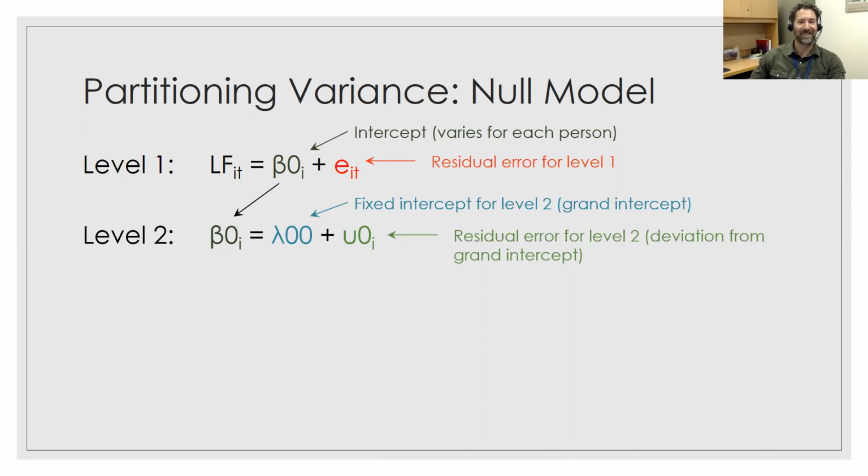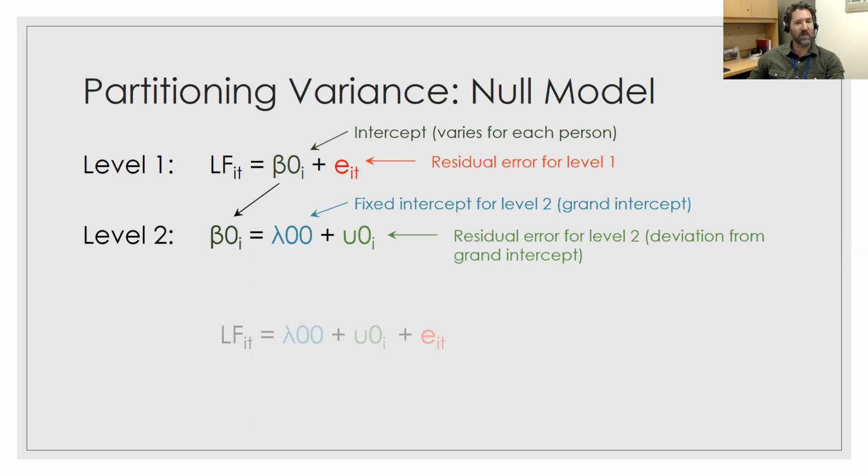I know that gets a little more complicated, so stop me if anyone has any questions about those two pieces of this equation. Level 1 is at the level of low frequency readings. Level 2 is at the level of each individual in the model. That's what makes it a multi-level model.